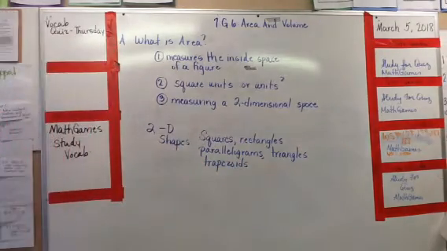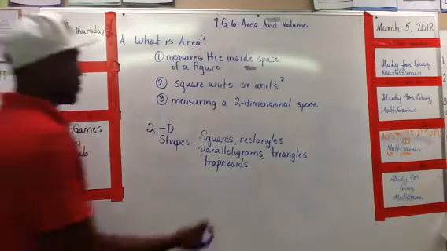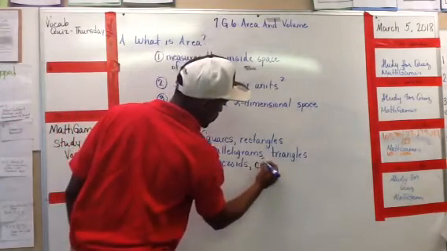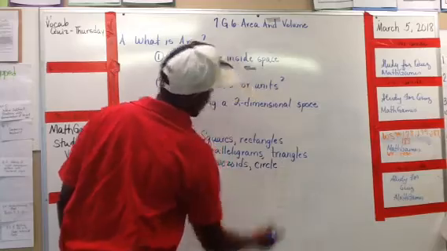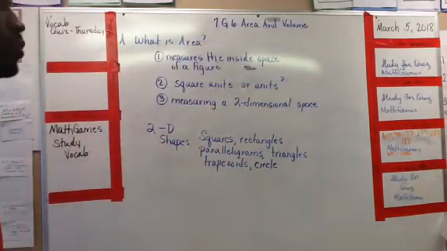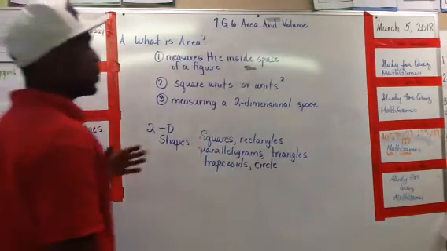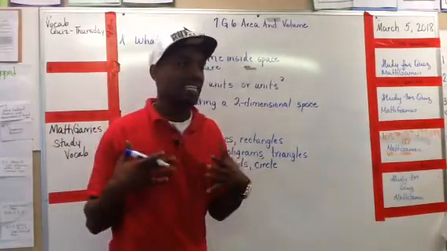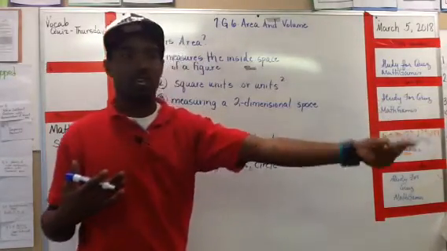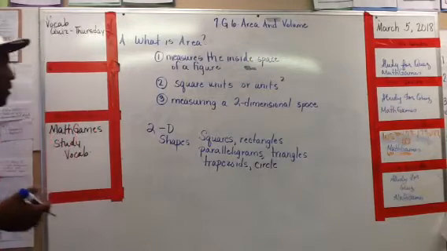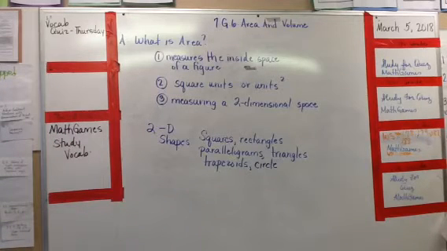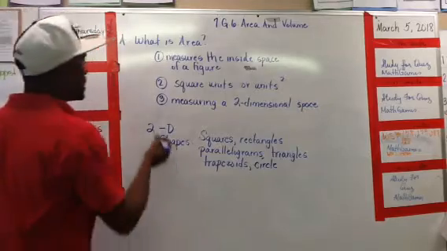These are all two-dimensional figures, and of course, circles, which you learned in your last lesson. So when we're talking about area, think about the inside of a figure. When we talk about perimeter, think about the outside of a figure.